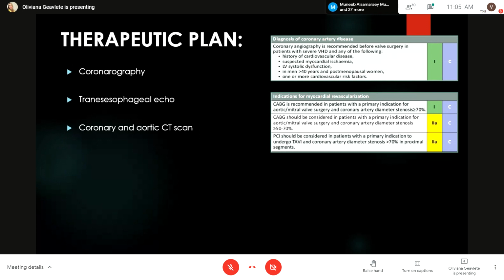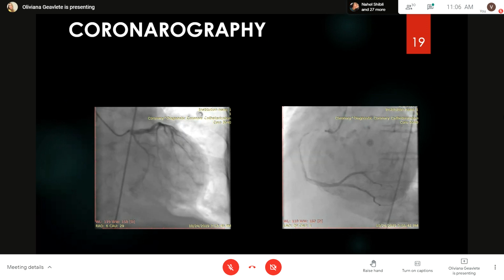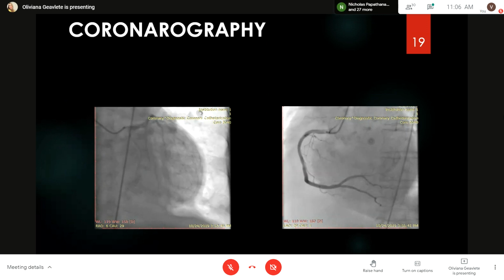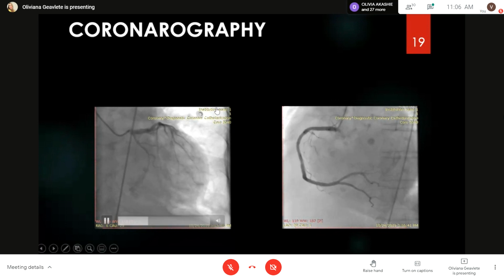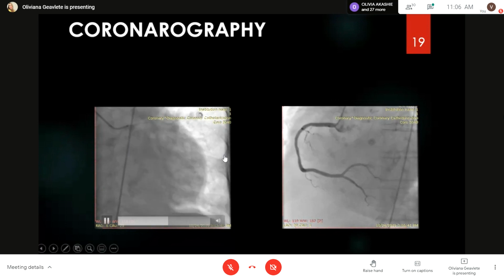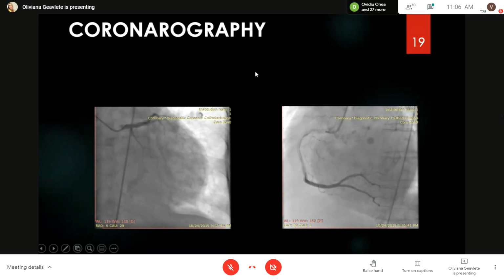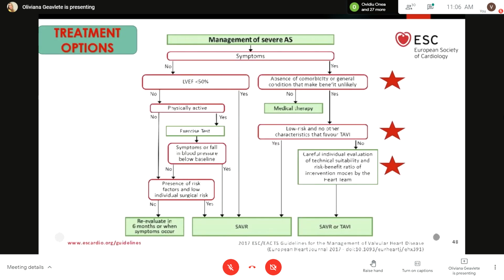And these are the things we have to do before the intervention. We start with the coronarography. On the right you have the right coronary artery, and on your left you have the LAD and the circumflex here, but there are no issues, and the coronary arteries are normal in this patient.